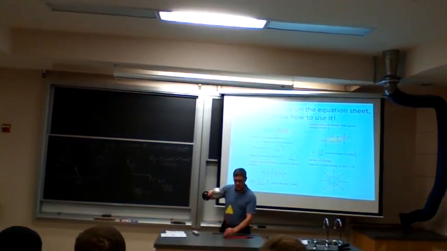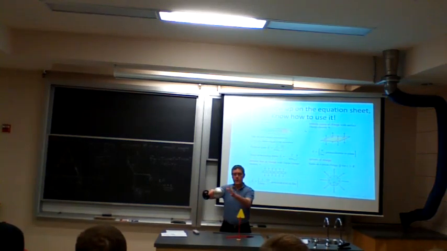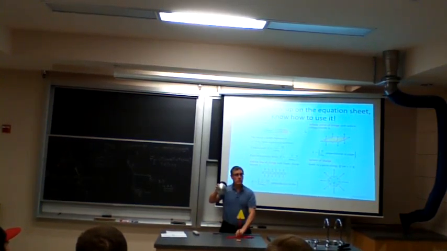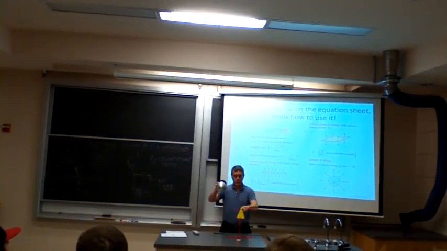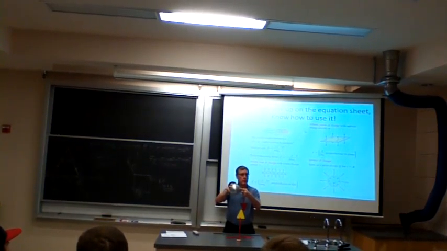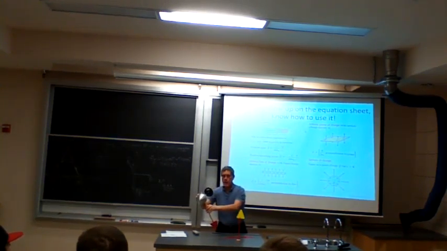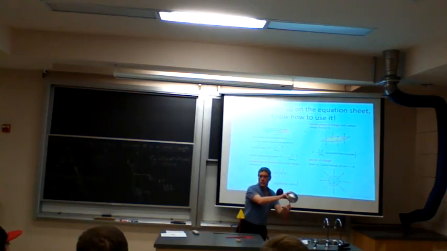If the electric field is up and this is negatively charged, what direction is the force on this negatively charged object? Electric field's up, this is negatively charged. Is the force down or up? Down, good. You imagine that the math on this is just the same.